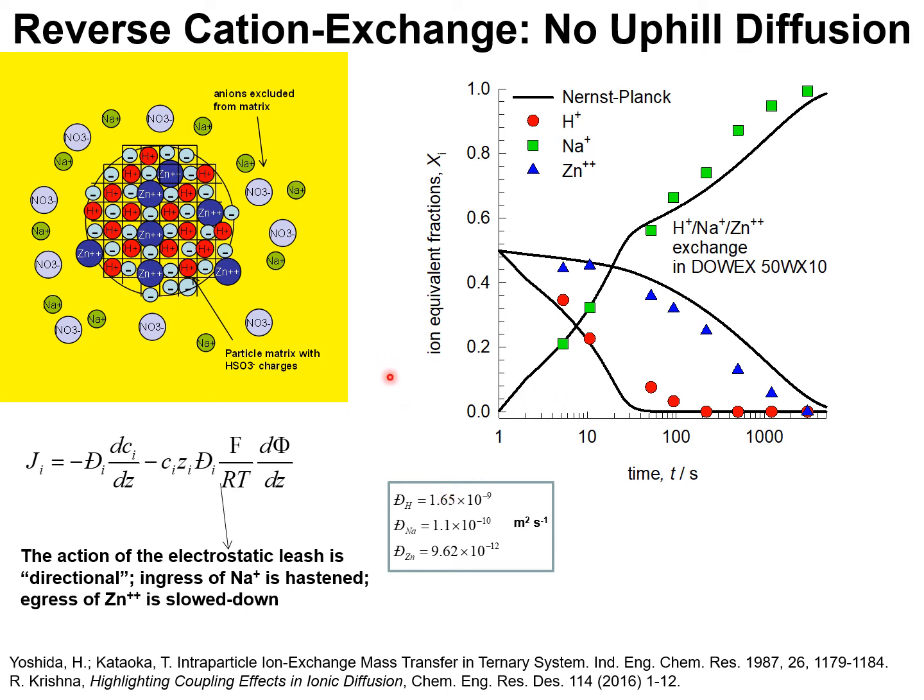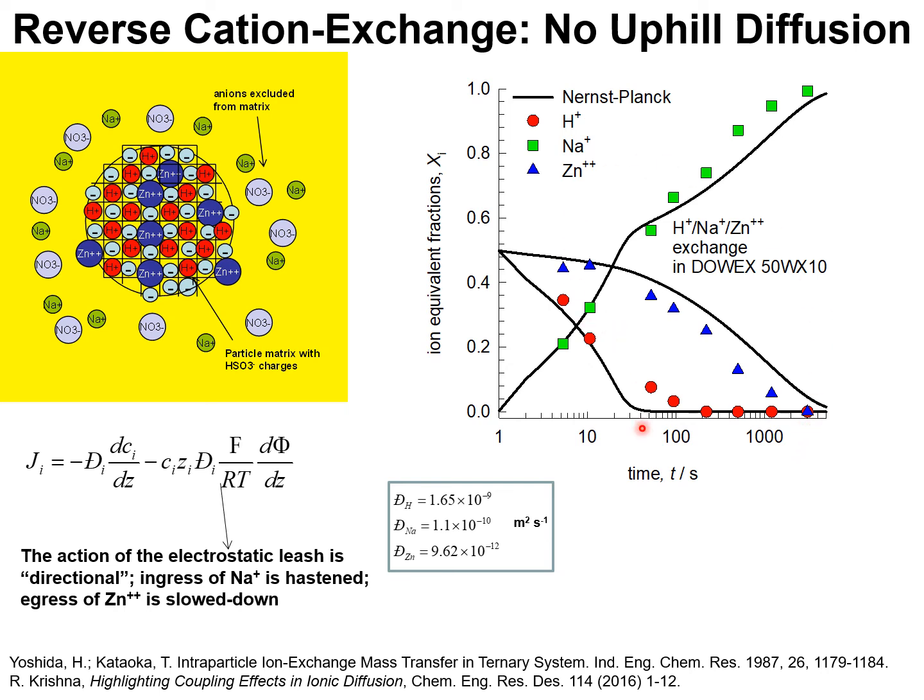The egress of H plus is very quick, and this enhances the flux of sodium into the particle, while the egress of zinc cations is slowed down.